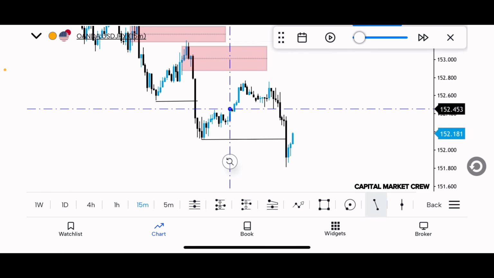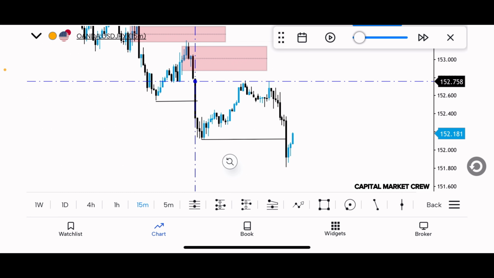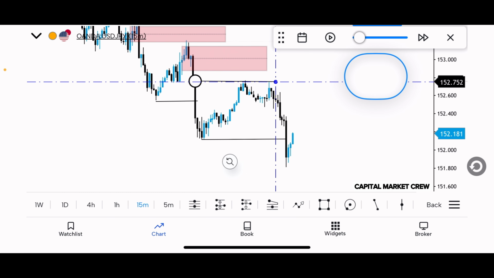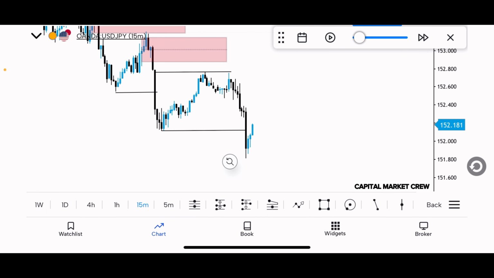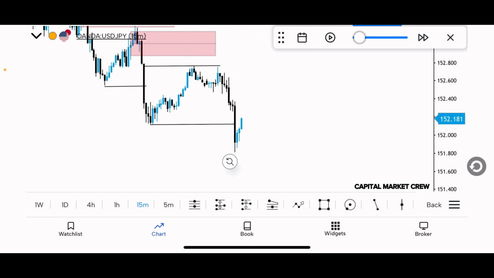So as a retail trader, we look out for the recent breakout structures to enter the market.